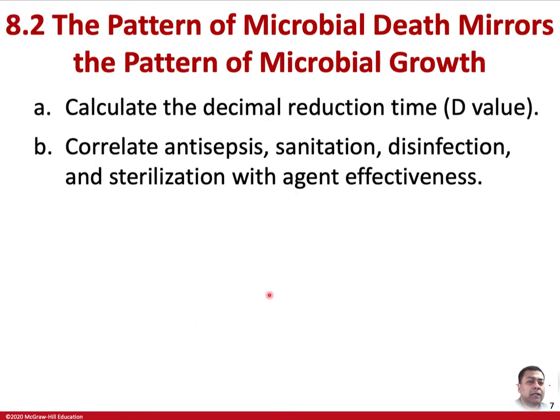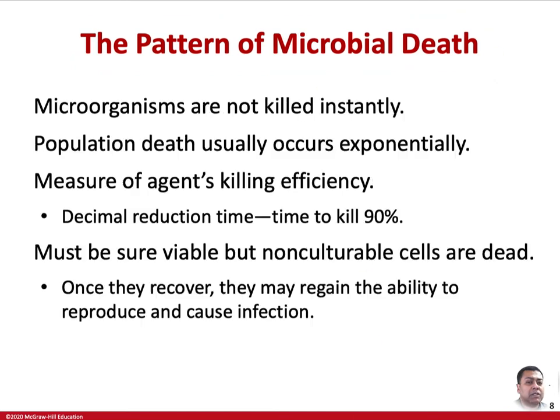So let's take a look at some of these patterns of microbial death, which is also a mirror of the pattern of microbial growth. Microorganisms are not killed instantly, and the population death usually occurs exponentially.